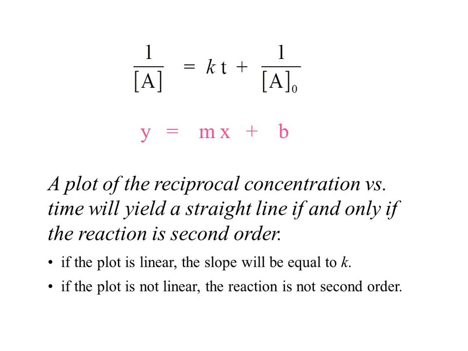If your line is straight, then you have successfully identified that it is second order. If it's not straight, it's not second order.